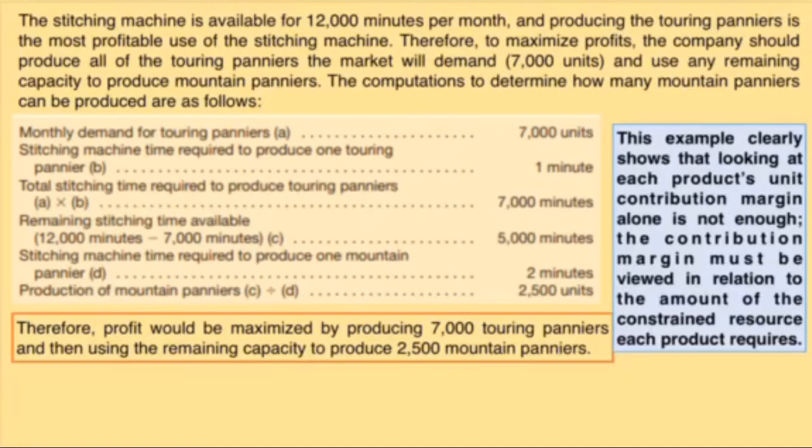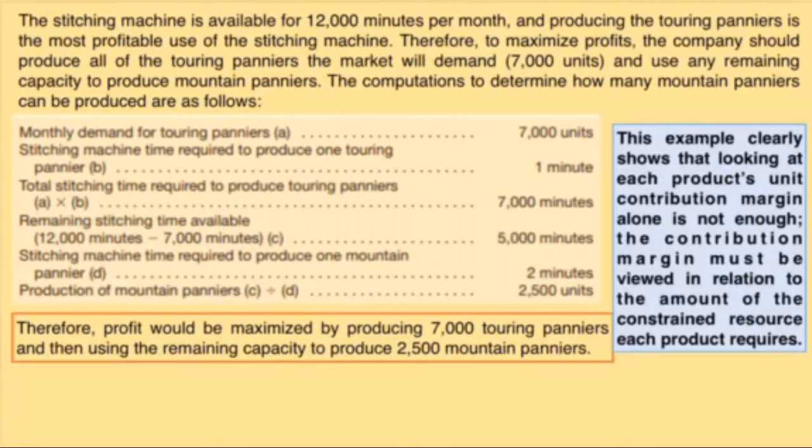Therefore, profit will be maximized by producing 7,000 touring panniers and then using the remaining capacity to produce 2,500 mountain panniers. So we have here the demand for touring panniers, which is 7,000 units, and stitching machine time required to produce one touring pannier, 1 minute.